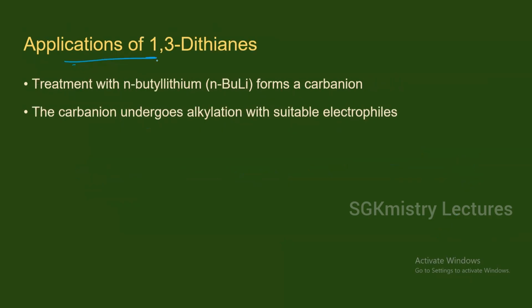Talking about the applications of 1,3-dithianes, on reaction of 1,3-dithiane with n-butyllithium, it forms a carbanion which can be easily alkylated. So let us look into it. We have S, S, here we have carbon, here we have R and H. When you treat it with n-butyllithium in THF solvent, we know that n-butyllithium can easily abstract the proton.